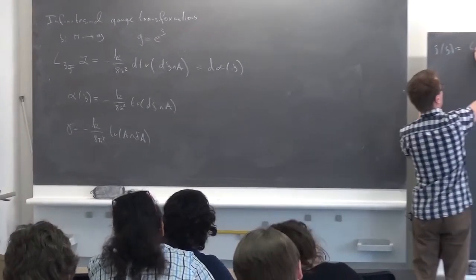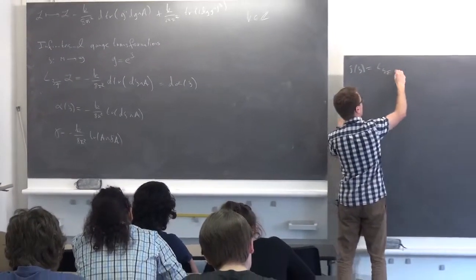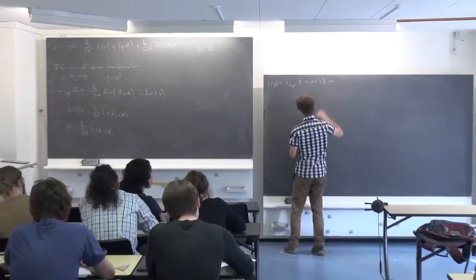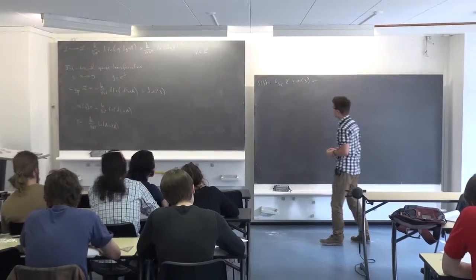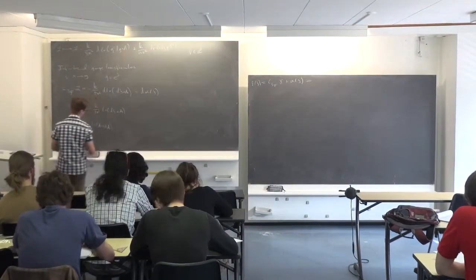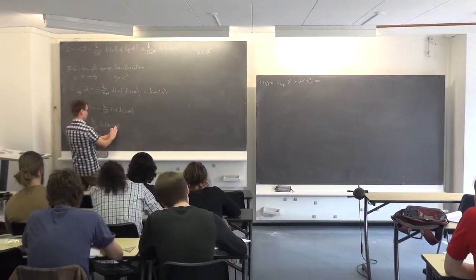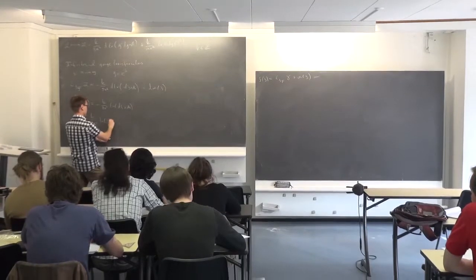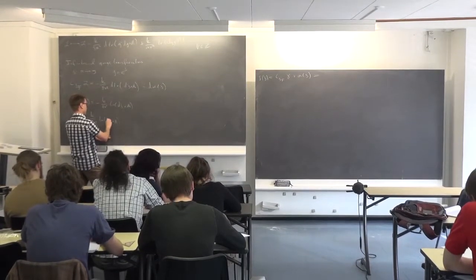So the current is going to be the contraction of xi into gamma plus alpha. So what happens when you contract xi into gamma? And maybe again, I'll rewrite this as delta A wedge A.